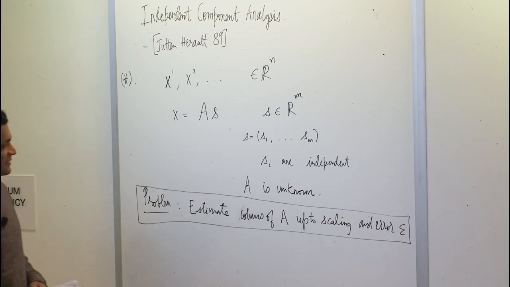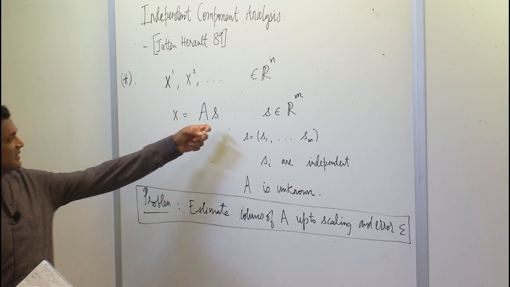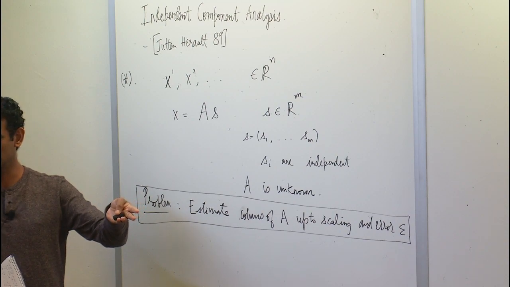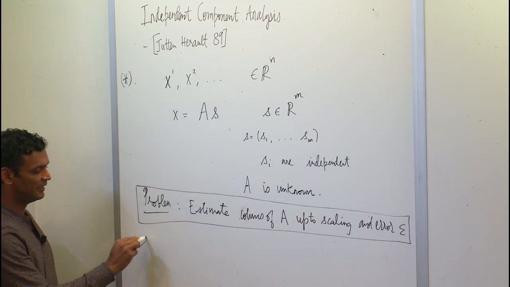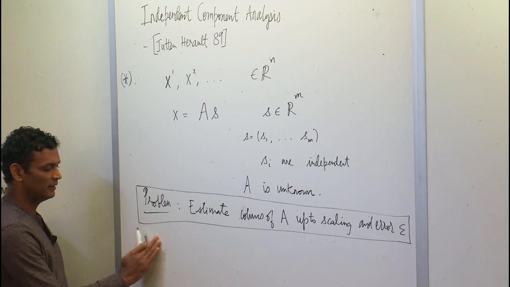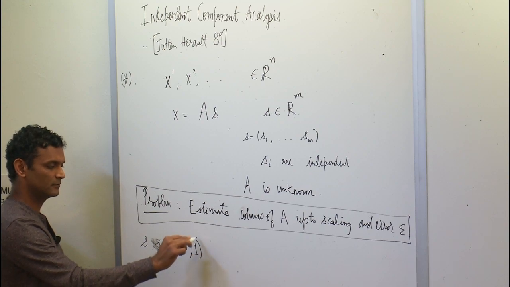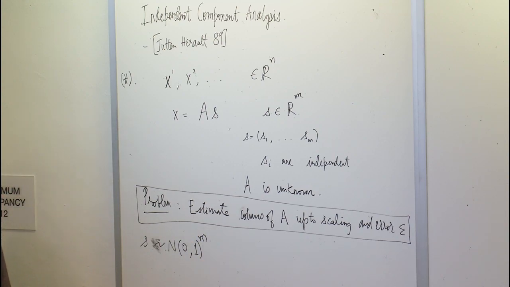I guess the first thing you could ask is, is this well defined? Meaning, given data that satisfies these assumptions, is the matrix A essentially unique? And the answer is no. For example, if the s is drawn from a Gaussian, then any A that's orthonormal, any rotation, is the same. So it's not unique.